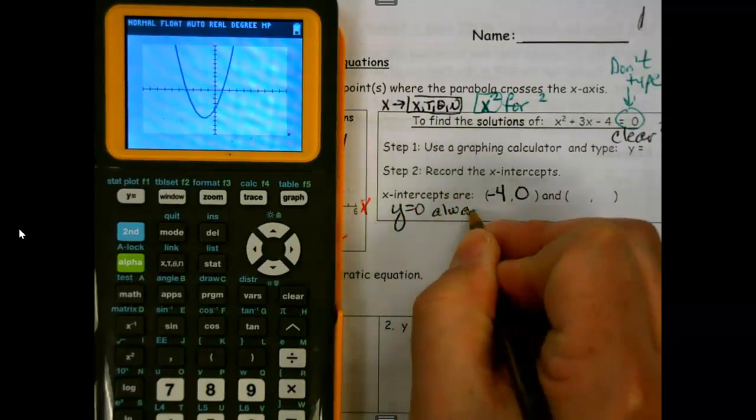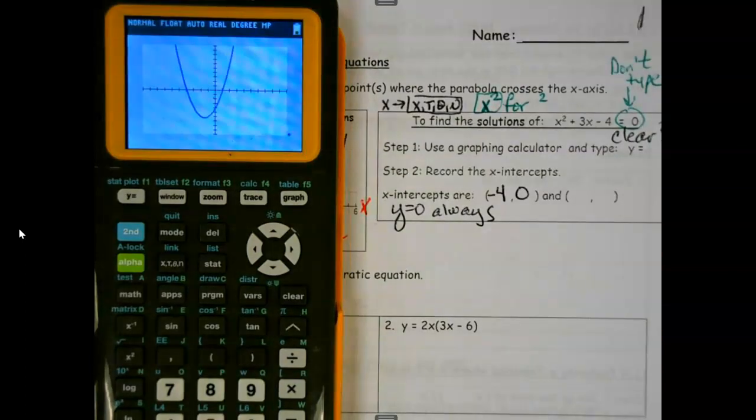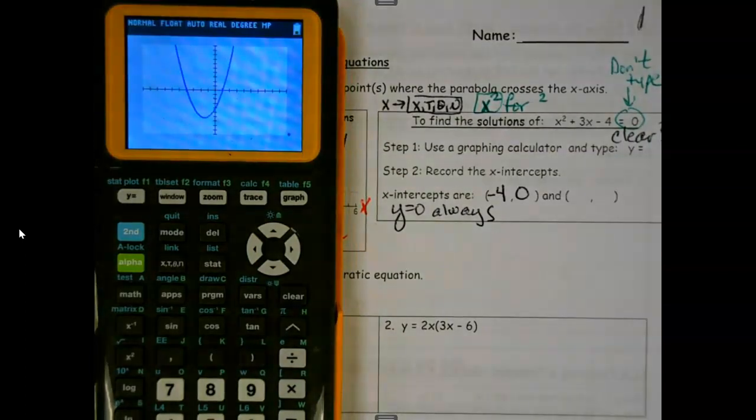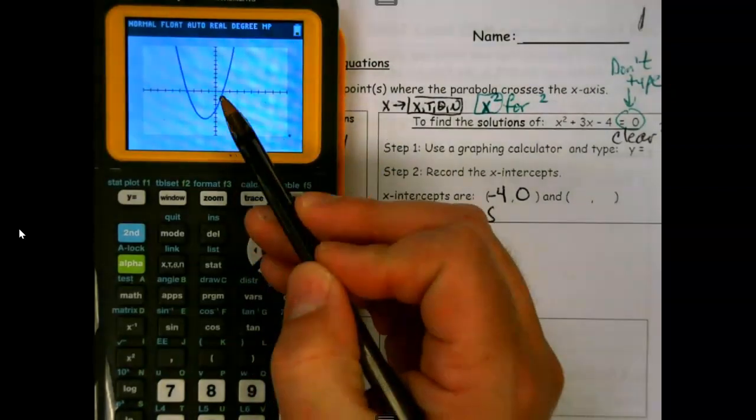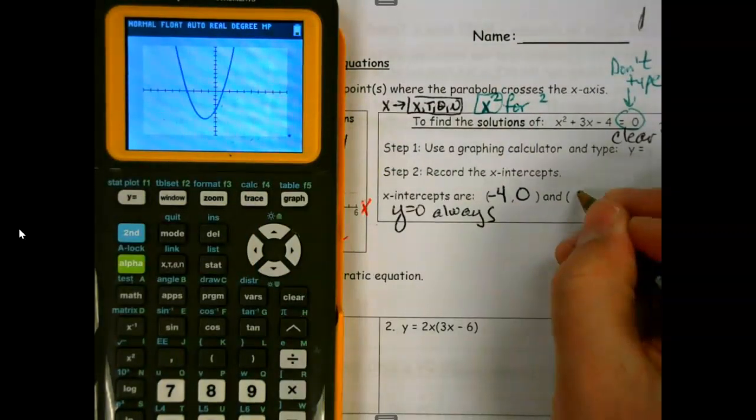When you're looking for an x-intercept, the y coordinate will always be 0. There, I spit out what I was trying to say. And then I come over here and I also see my parabola going through where x equals 1.